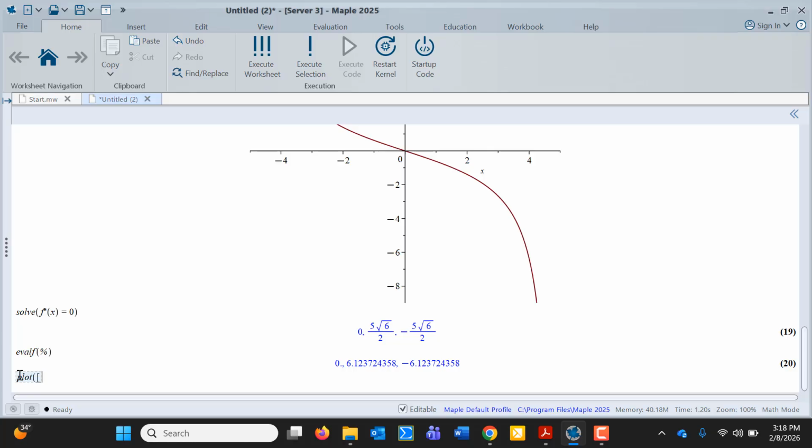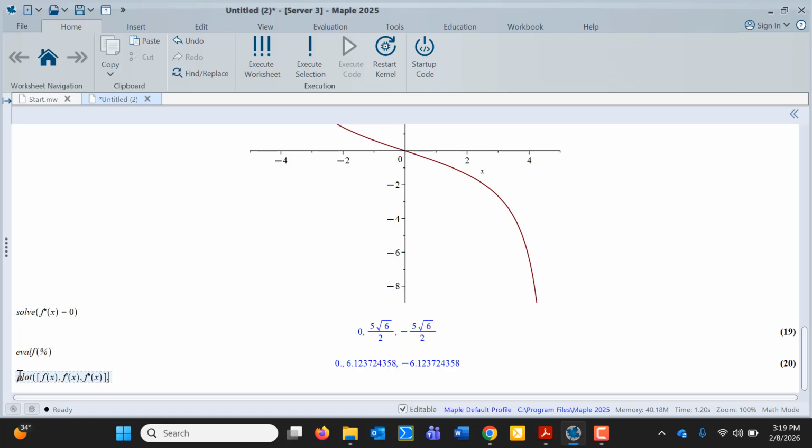I want to graph the original function, f of x, comma, then its derivative, f prime of x, comma, then its second derivative, f double prime of x. Remember, you're using the apostrophe key twice there, not the quote key. Let's close the bracket on that.